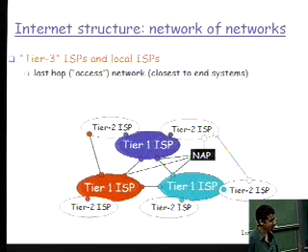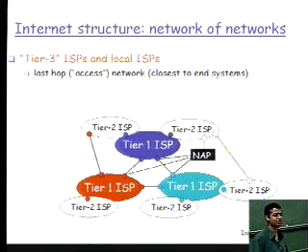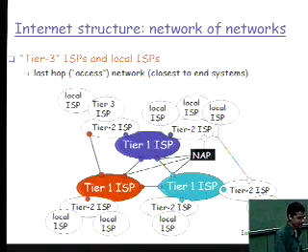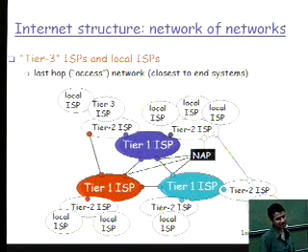and then finally you have tier 3 ISPs or local ISPs. So this is the last hop or the access network to the end systems. So in our case, Columbia is our tier 3 ISP. Our end systems or our machines are provided internet connectivity by Columbia. Columbia provides us with IP addresses, Columbia provides us with bandwidth.